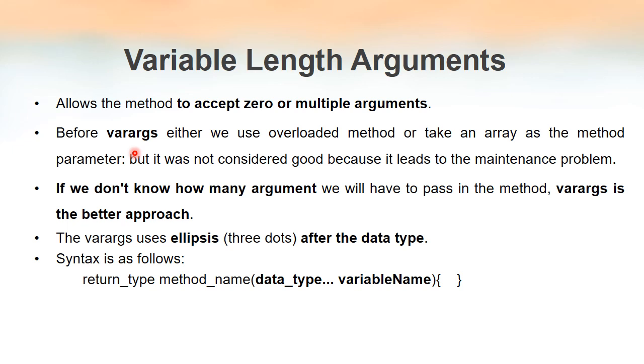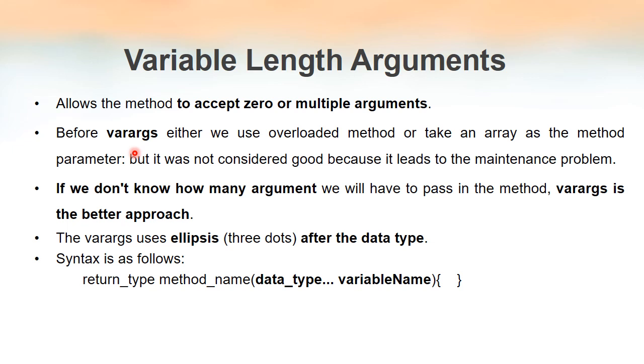So the situation is like this. We don't know exactly how many parameters are going to come for a method. If variable length arguments were not there, we would have to write methods with the same name but a different number of parameters. One method, say the method name is add, does not have any parameters.